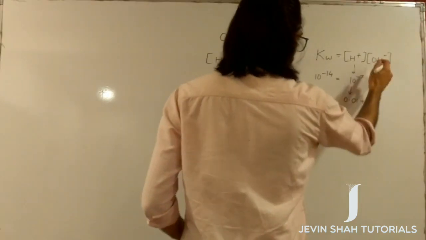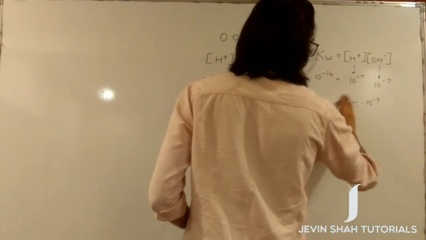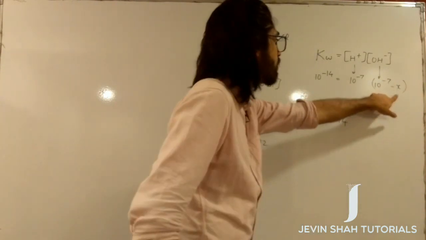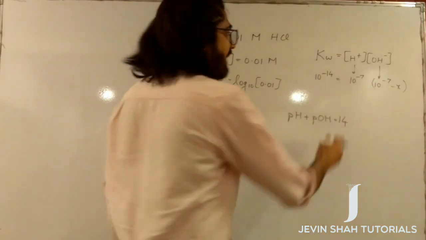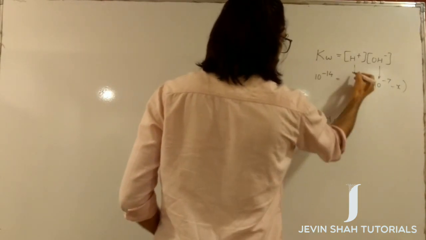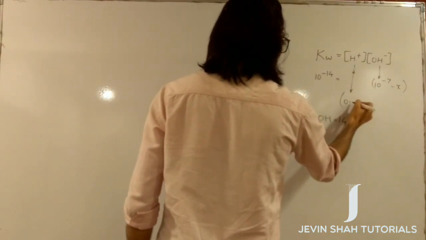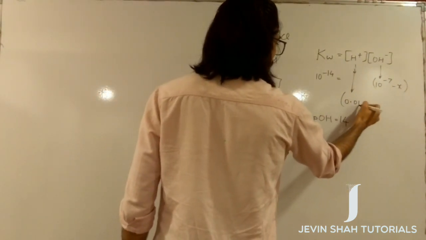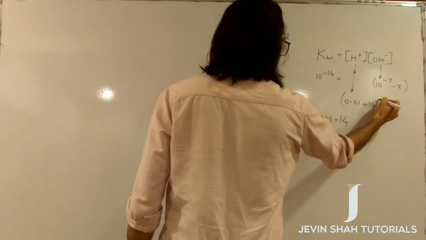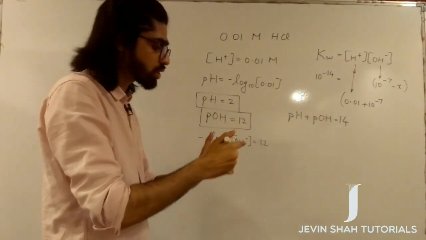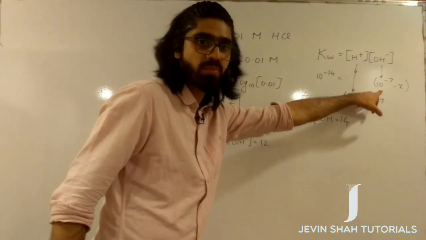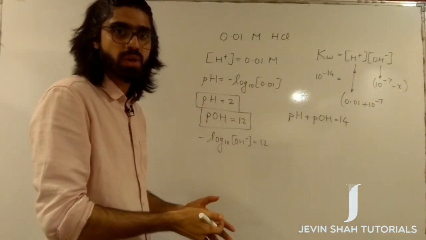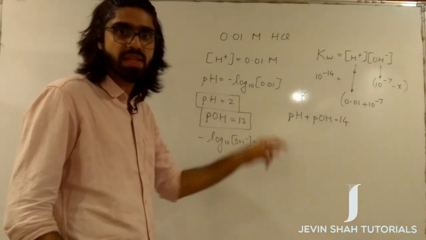So I will have OH minus as 10 power minus 7 minus X, because X moles have now combined with H plus, and the H plus ions that I will have will be 0.01 which I had put, plus 10 to the power minus 7 which were already present initially. But if X moles of OH minus have combined with some moles of H plus, one OH minus combines with one H plus, so X will combine with X H plus.